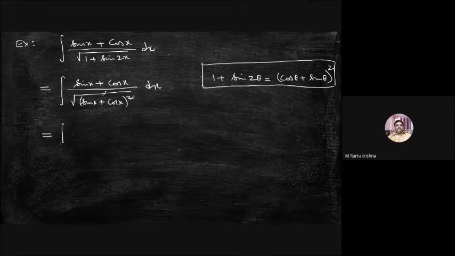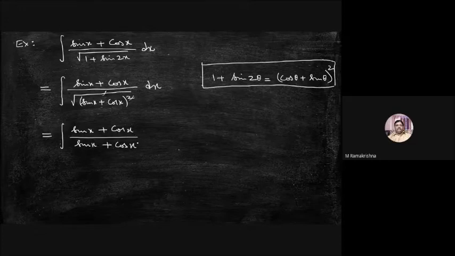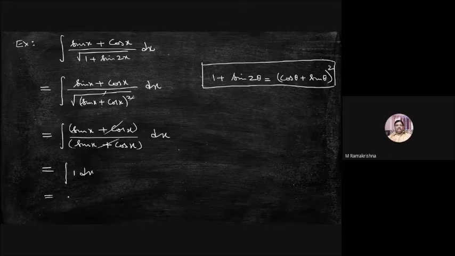We are going to get integration of sine x plus cos x by sine x plus cos x dx. So both will get cancelled. Integration of 1 dx we will get. Integration of 1 is x plus c. Hope you have understood this problem.